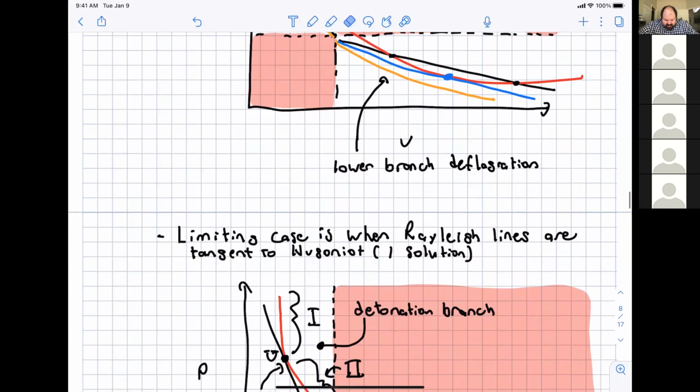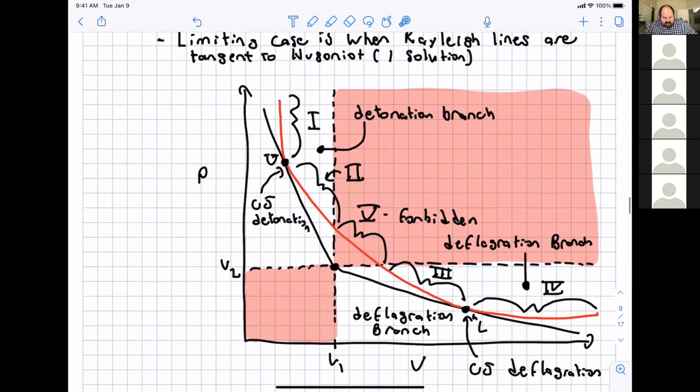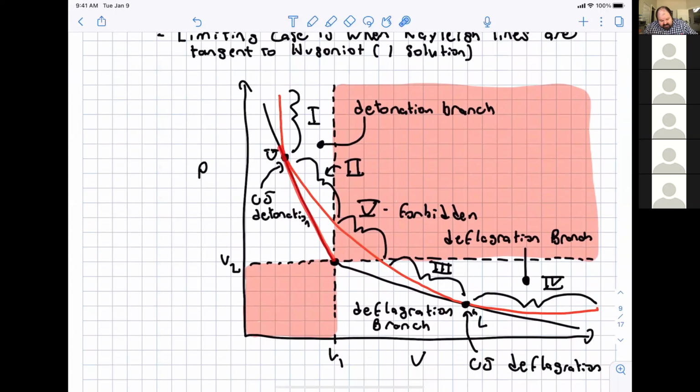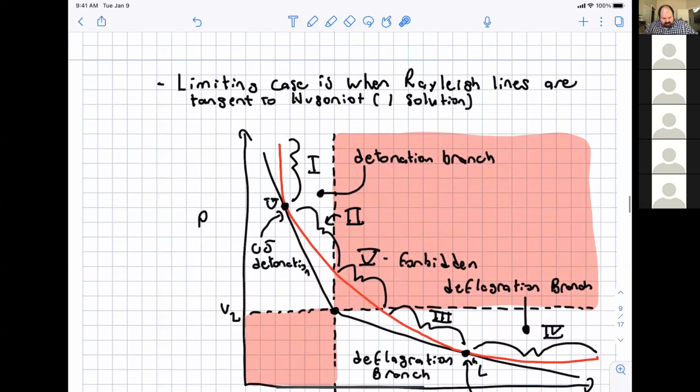Okay. But now let's examine what the solutions would look like, using this tangent point as a way to separate the Hugoniot curve into 5 distinct regions. First we will define the tangent point of the limiting Rayleigh line to the Hugoniot curve. We're going to call those the Chapman-Jouguet points.